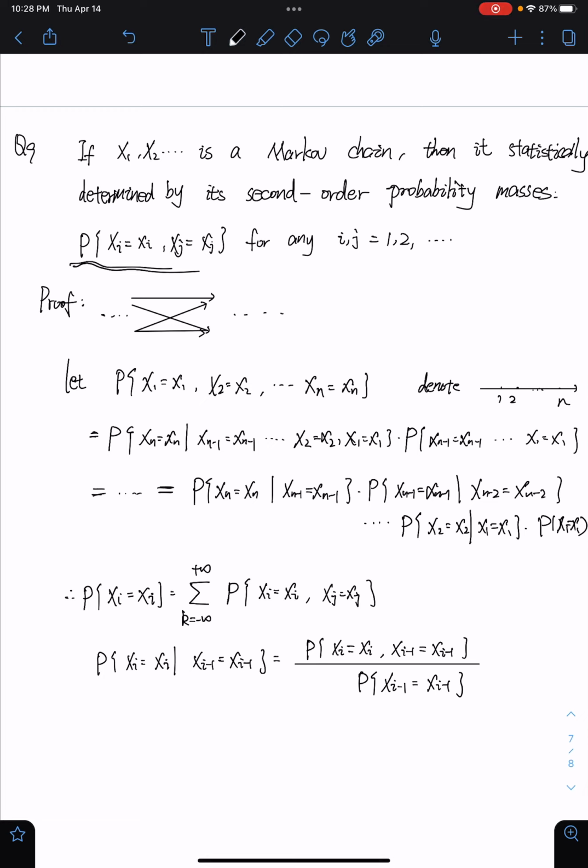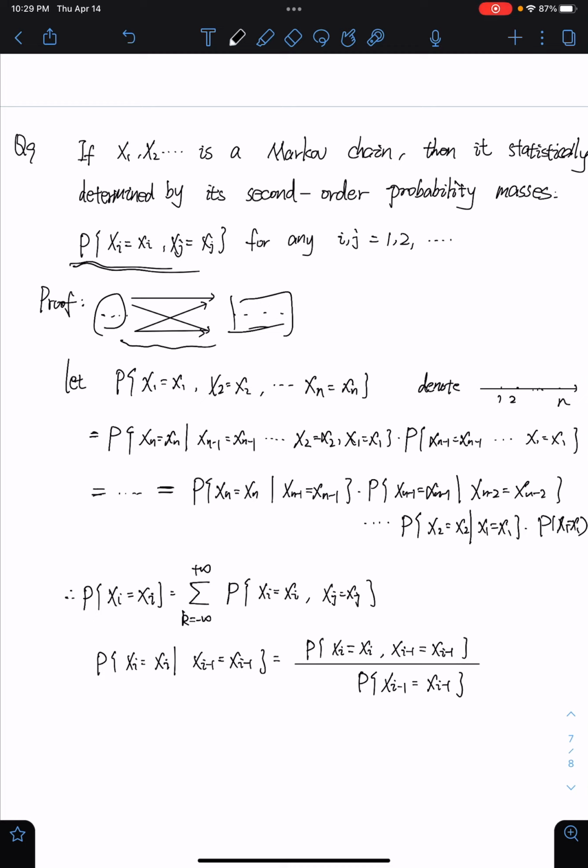First, let's focus on the Markov chain. Each state in this chain can be denoted as this. The output is only determined by its input, so the Markov chain has only a short memory.